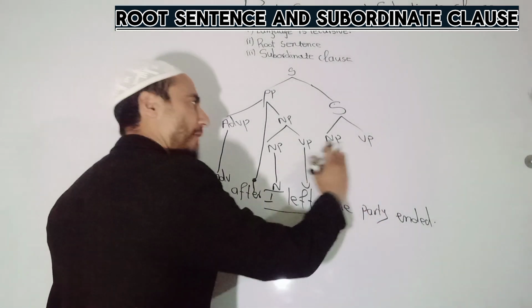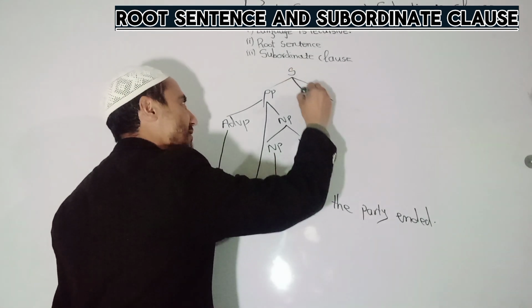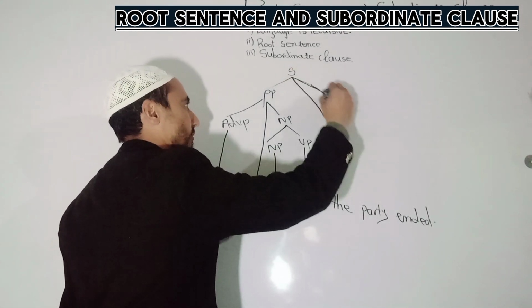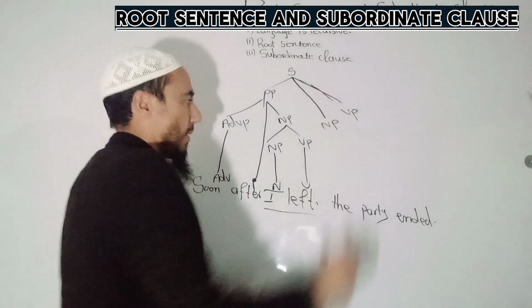And if there is confusion, no problem. From this S I can take two strings, like NP and VP.